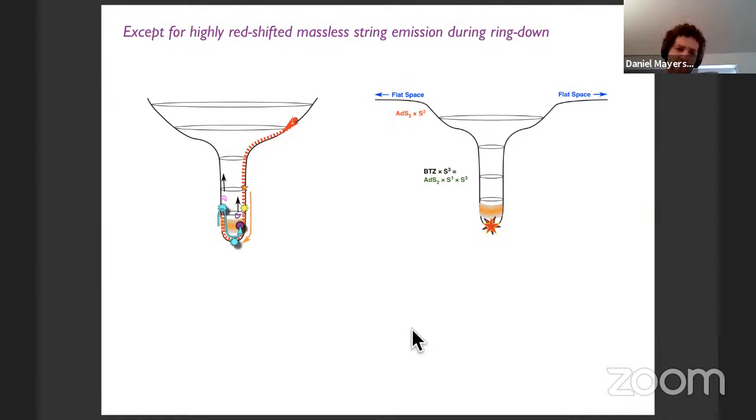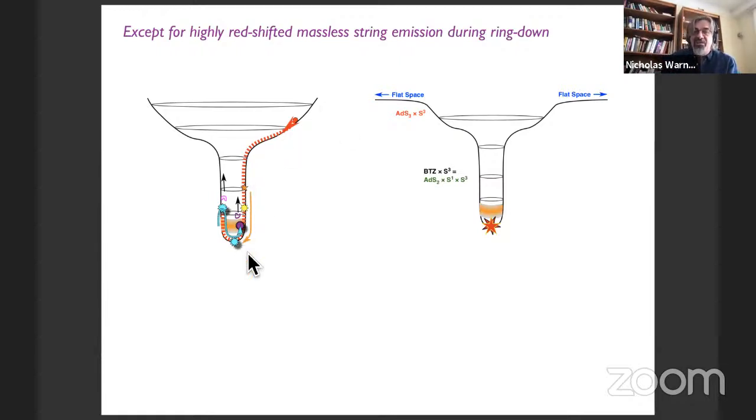But I think it captures certain really important elements, and the really important element is that this is going to be kind of generic. Because you've got a microstate geometry, the ride is going to be bumpy, and the bumpiness is going to be greatly accentuated by the ultra-relativistic nature of the particles. So trapping is going to be an intrinsically stringy trapping in all of them. This suggests an echo, and plausibly there should be some kind of echo like this, because once you've got a stringy state, it can throw out low mass strings. So I think the broad brush picture might be generally true. But in terms of computations, all I can do is this.